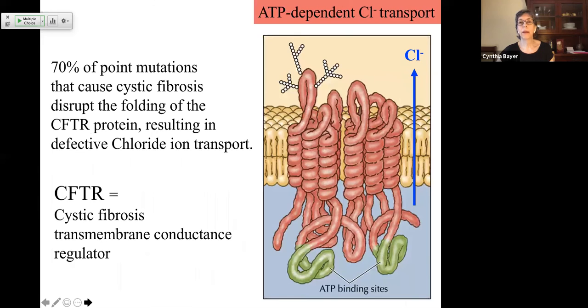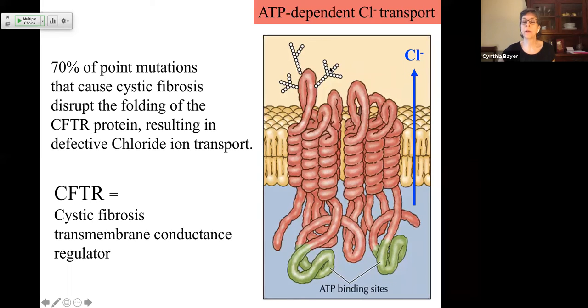So if we look at our chloride transporter, we call it a CFTR, cystic fibrosis transmembrane conductance regulator, meaning a carrier protein in the membrane that will actively transport, because it requires ATP hydrolysis to drive chloride ions out of the cell.